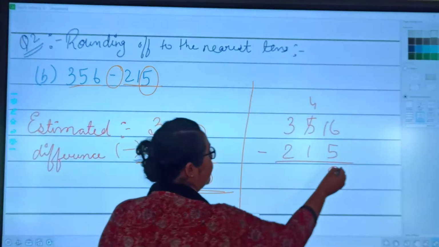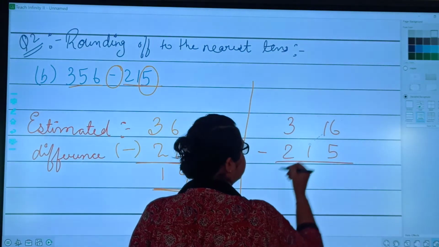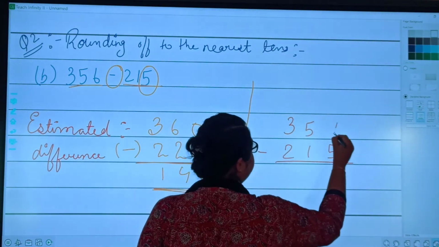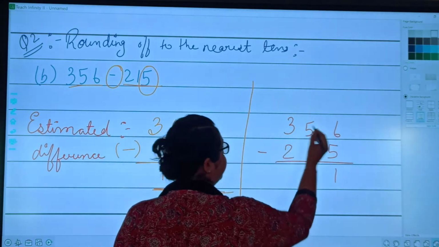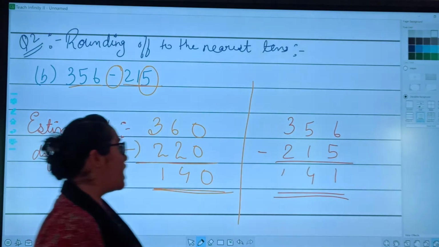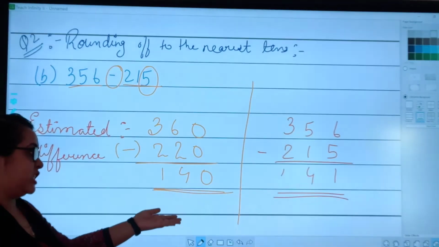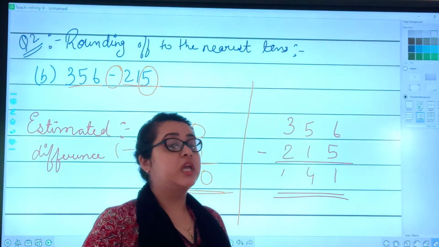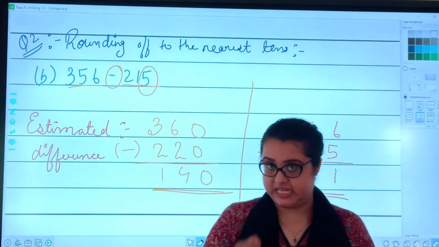I can do it directly, students. 6 minus 5, 1. 5 minus 1, 4. 1. The estimated is 140 and the actual is 141. So, here we complete our exercise 8.